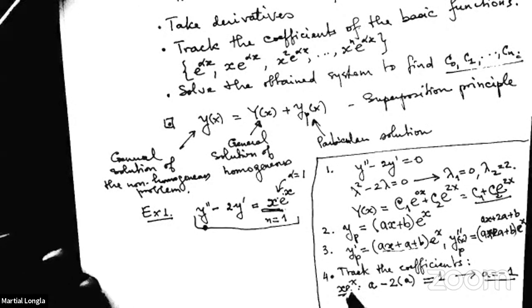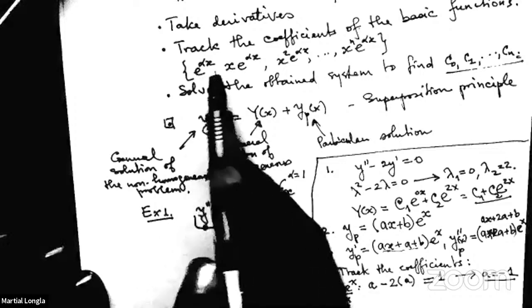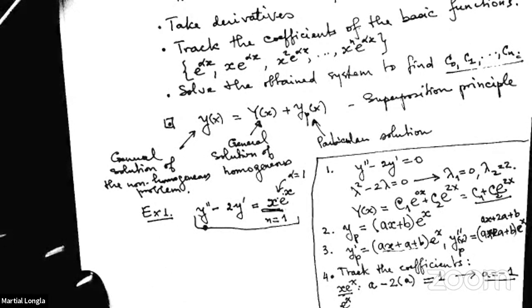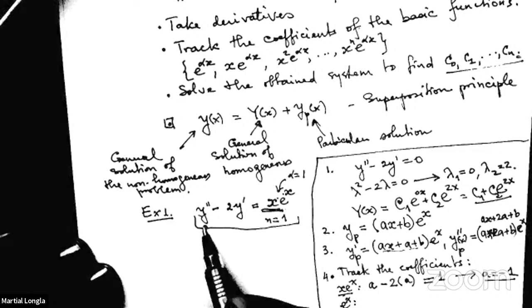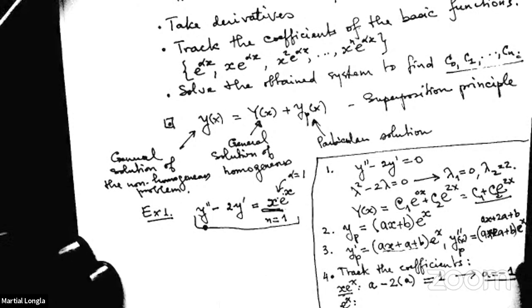Then I go to the next one. After x e to the x, it's e to the x. And that's it. Here I will have only the first two because I got only n equal 1. So I get only 2 equations to follow. Now I follow e to the x in the equation. Again, second derivative e to the x, what is it? It's 2a plus b.